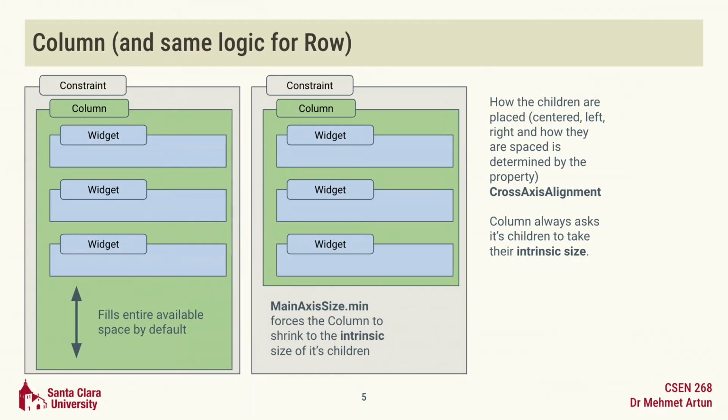Now, the reason I'm paying so much attention to this is that if you put a column like this, and you also put something like a ListView, which will come in a minute, and they both are trying to expand into that space, or you put one column inside a column and they're both trying to expand their size, they're going to fight over who expands, and then Flutter will say, okay, there's an error.